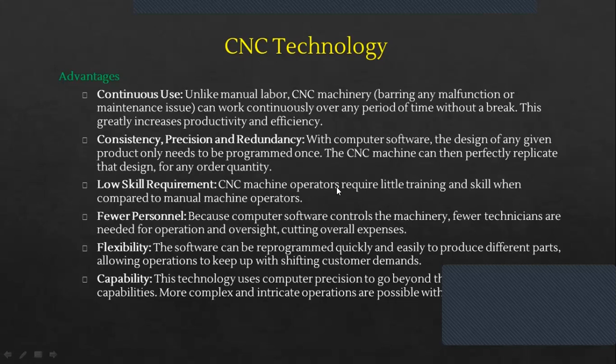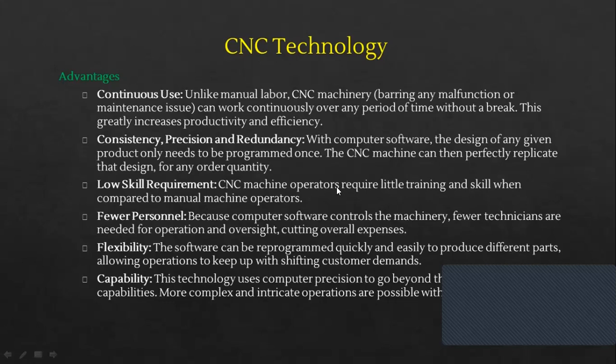So fewer personnel, right? Because computer software controls the machinery, fewer technicians are needed for operation and oversight, cutting overall expenses. So you need not have more workers because the computer is in charge. And flexibility: the software can be reprogrammed quickly and easily to produce different parts, allowing operations to keep up with shifting customer demands.